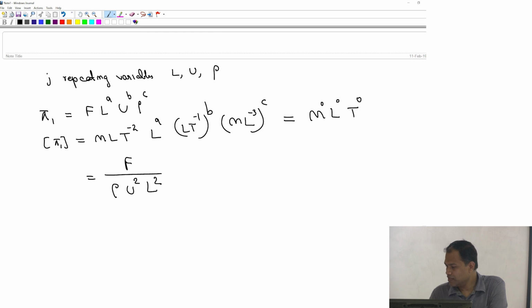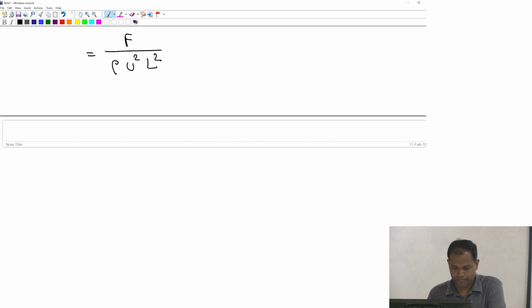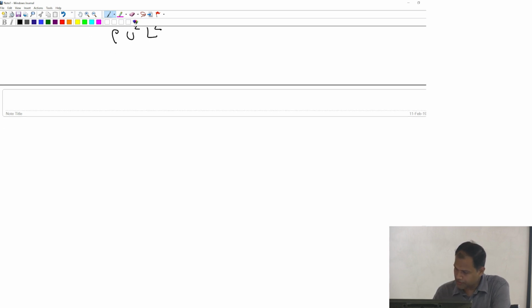So then we can talk about the next parameter. The second non-dimensional number pi 2 can be generated with mu.